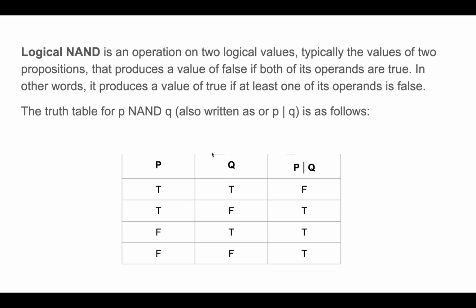But in logical NAND, only that case is false, all other cases are true. If P is true and Q is true, then P NAND Q is false. And in other cases, that is P is true and Q is false, P is false and Q is true, or both are false, P NAND Q is true.